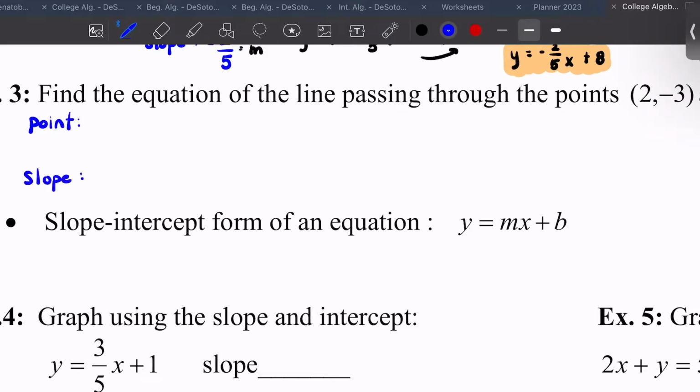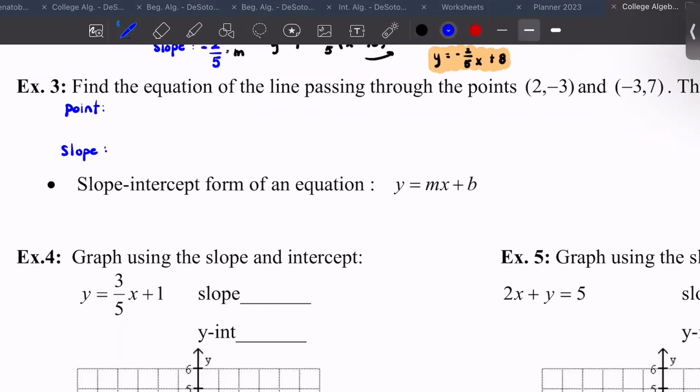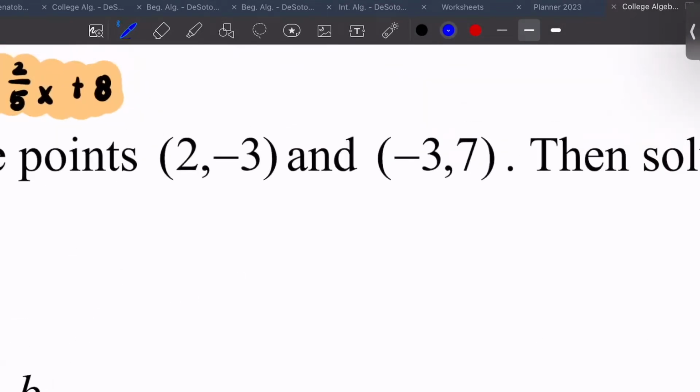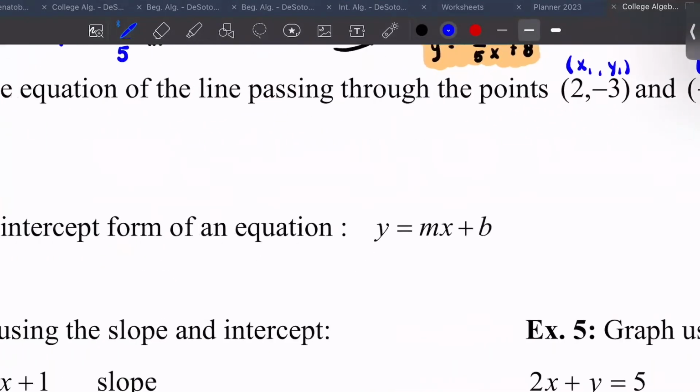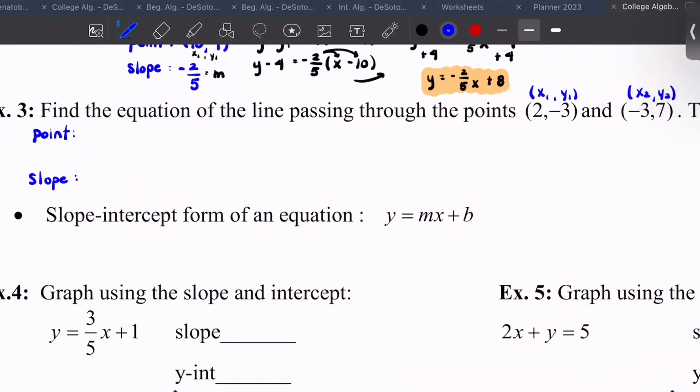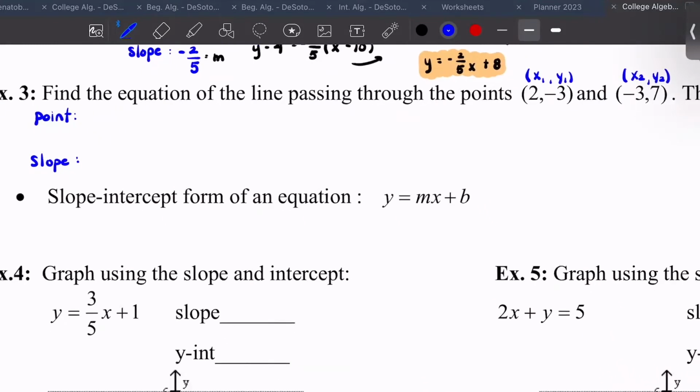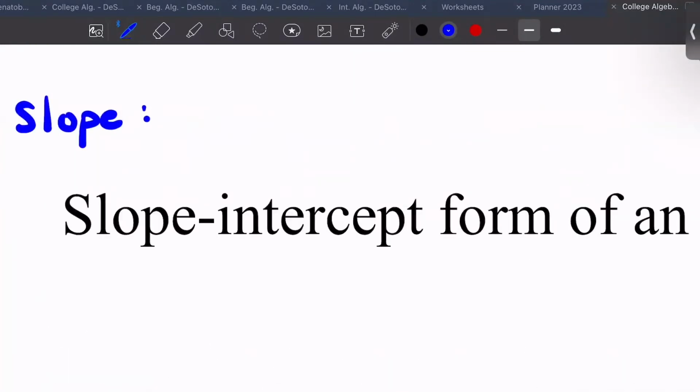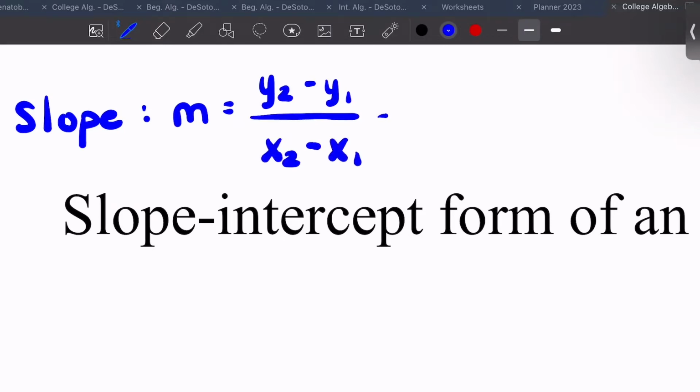Well, we're given 2 points, right? So we could say x1, y1 and x2, y2. We do not have slope, but we have 2 points. So we can find slope by saying m equals y2 minus y1 over x2 minus x1.